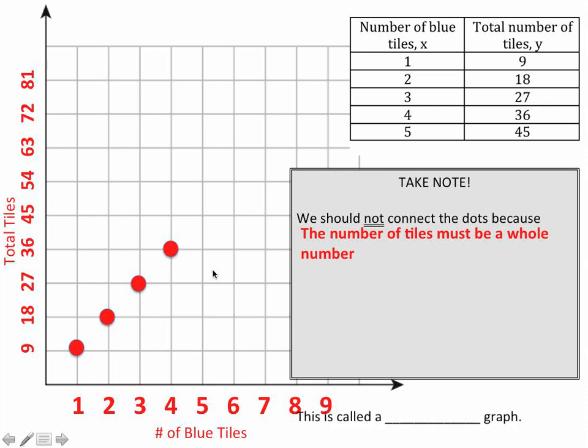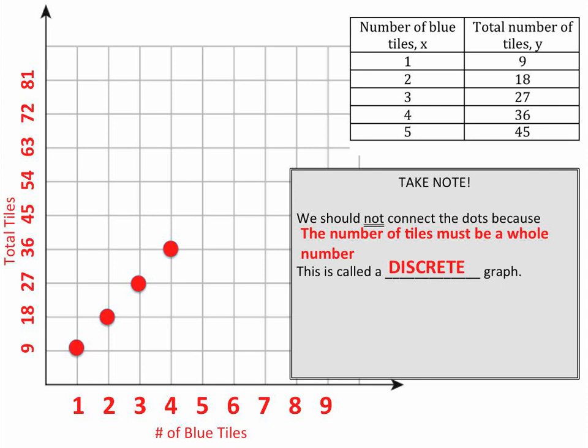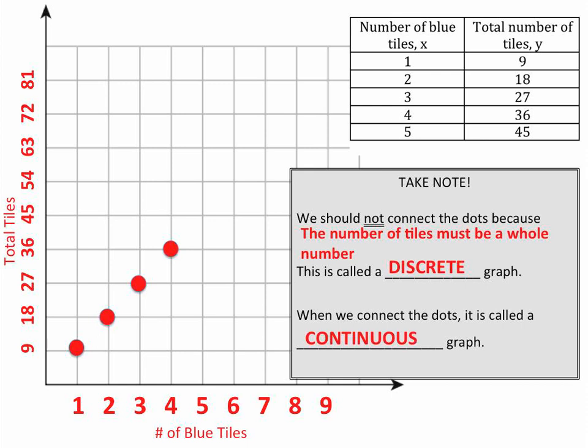Okay, now whenever I have a graph just made up of dots, they call that a discrete graph. All right, if we were to connect those dots, like in the 2 previous examples, we call that a continuous graph, something you could draw without having to lift up your pencil. Okay, so we can represent it with, normally we would just use like a dashed line to kind of help us see any values that are not in the table.